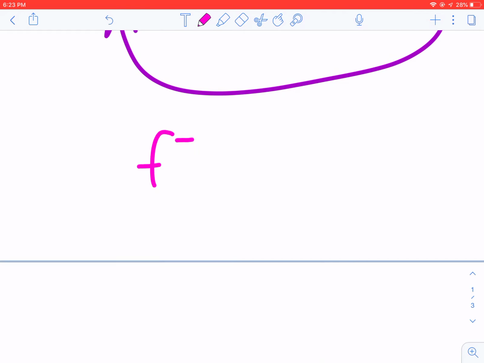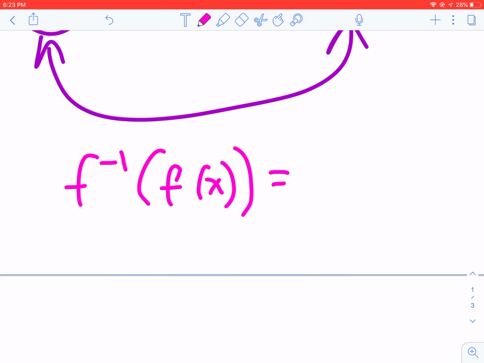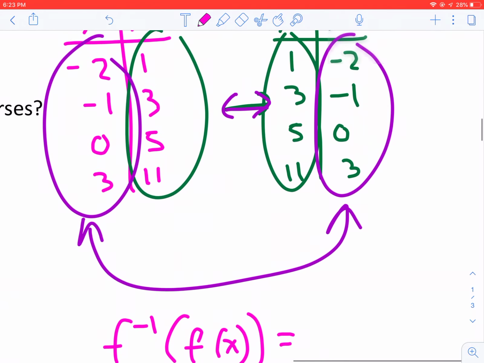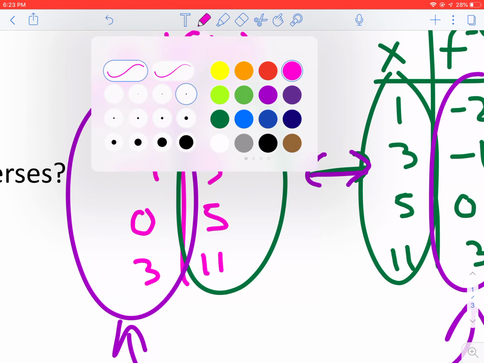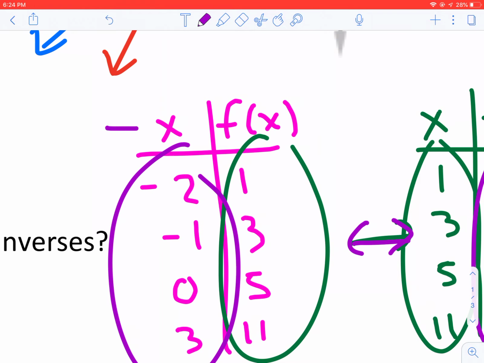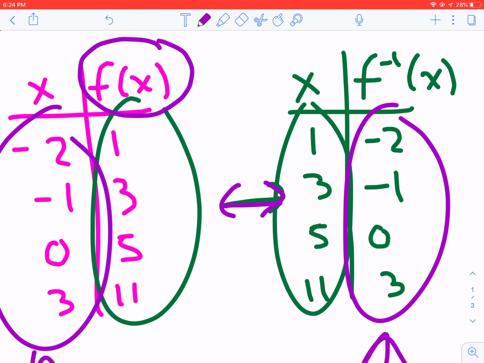Those are the same. So if I plug in f of x into my inverse function, think about what this is going to equal. So I think it's easiest to see in the table. So again, I plugged in random x values into my first function, and I got these values, these outputs, right?